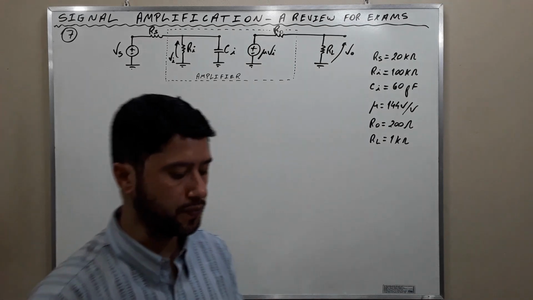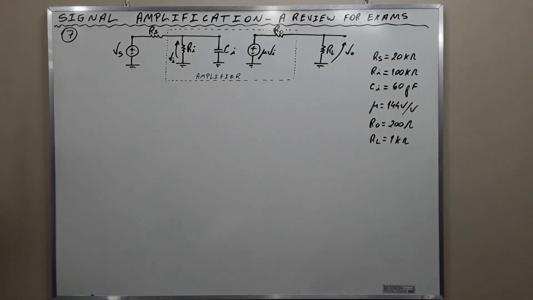Exercise number 7. For the circuit of the figure, letter A, derive an expression for the amplifier voltage gain as a function of frequency, the DC gain, and the 3 decibels corner frequency. Letter B, calculate the values of the DC gain, the 3 decibels frequency, and the frequency at which the gain becomes 0 decibels.